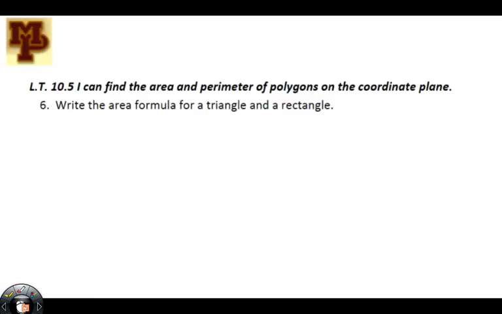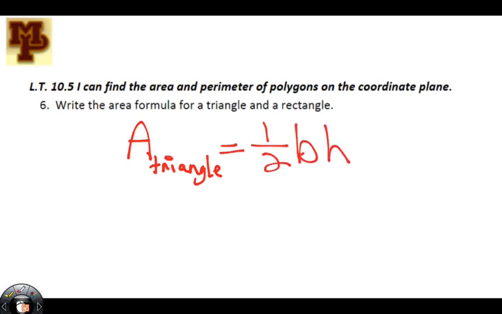Okay, moving on to the last learning target. We're going to talk about area and perimeter. The two formulas you really want to have memorized: area of a triangle is 1/2 base times height.